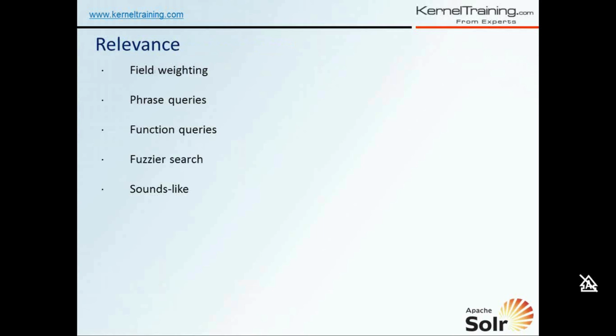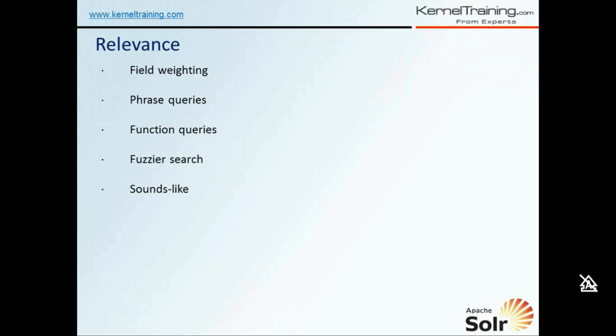In relevance, we'll be talking about how items can be retrieved with some relevance. For example, some users will be interested in recent items according to the date. So we can use different types of search to get back the result as per our requirement.